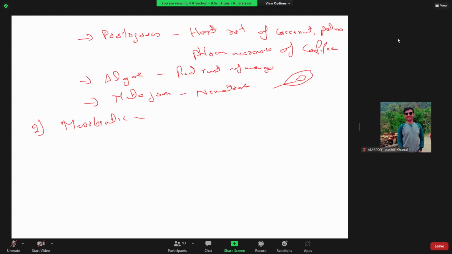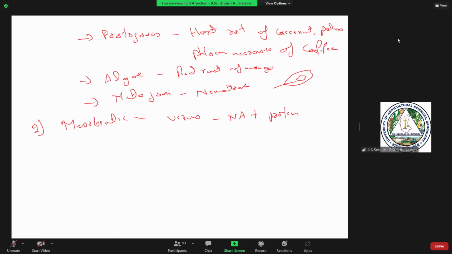And the second group of plant pathogens is the mesobiotic. Meso means in between living and dead, because viruses, when they are in the host, behave like a living organism. The examples are viruses, having nucleic acid plus protein.